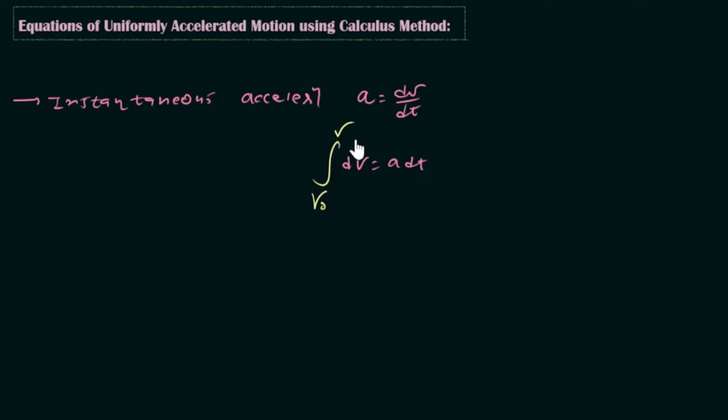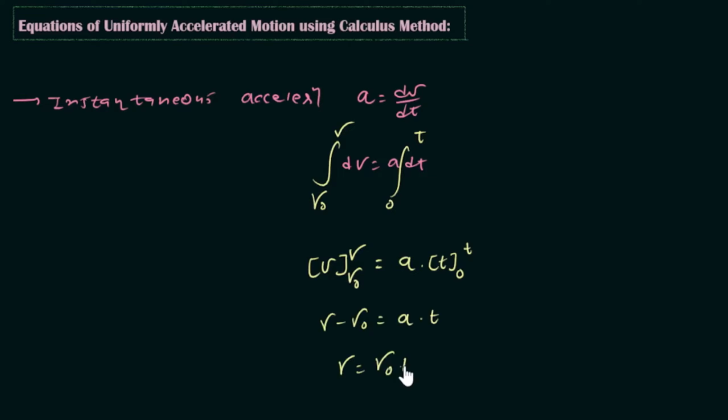I'll put the acceleration a outside the integration, since it is a constant, right? So if I integrate this equation, I'll have v with lower limit v naught and upper limit v, and here I'll get a into t from 0 to t. So I'll get v minus v naught equals a t, and I'll get v equals v naught plus at. So our first equation of motion is this one.